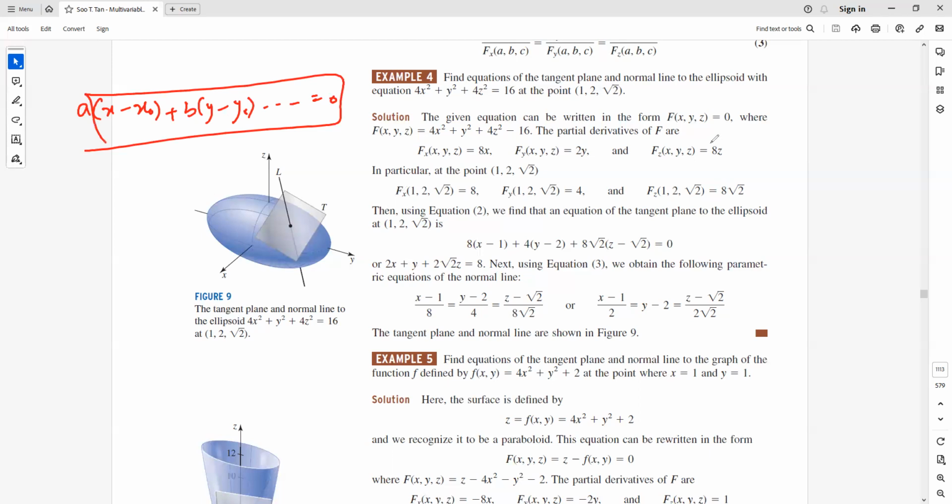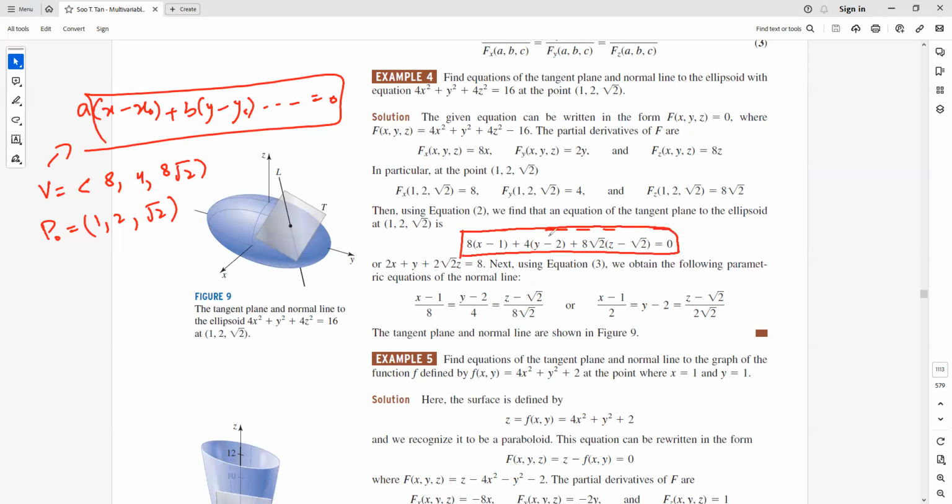Now the perpendicular vector we have found is 8 comma 4 comma 8 square root of 2, and the point P naught is given as 1, 2, and square root of 2. So when we use these points in this equation, we will get the following result. So this is the equation of the tangent plane.